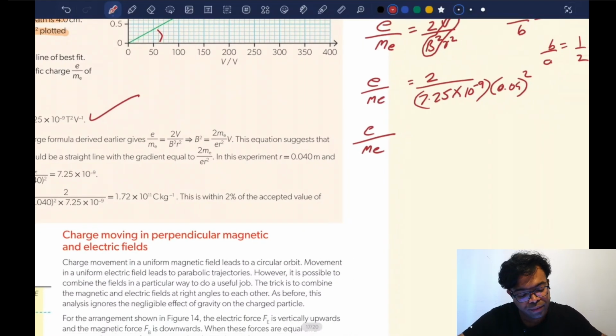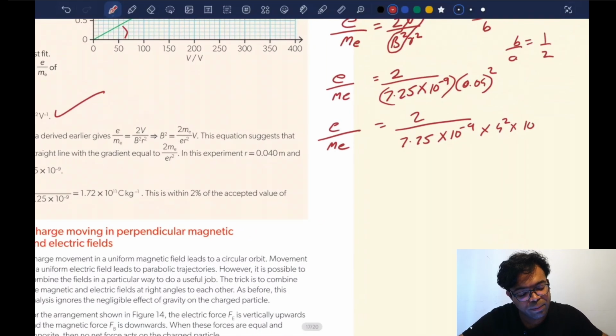So it is equal to 2 upon 7.25 into 10 to the power minus 9 multiplied by 4 square into 10 to the power minus 4. Am I right? Because I can write 4 into 10 raised to the power minus 2 as the radius. Therefore, the square will become 4 square into 10 raised to the power minus 4.